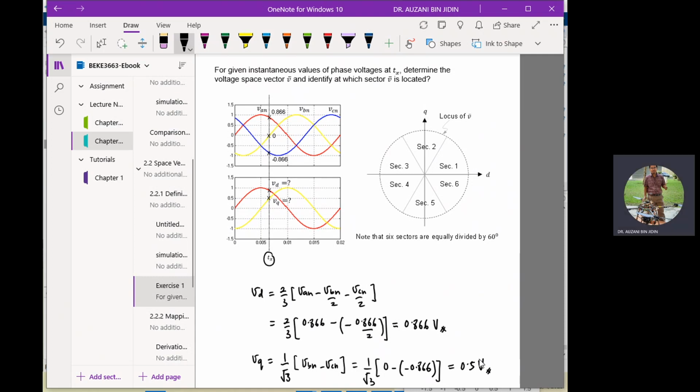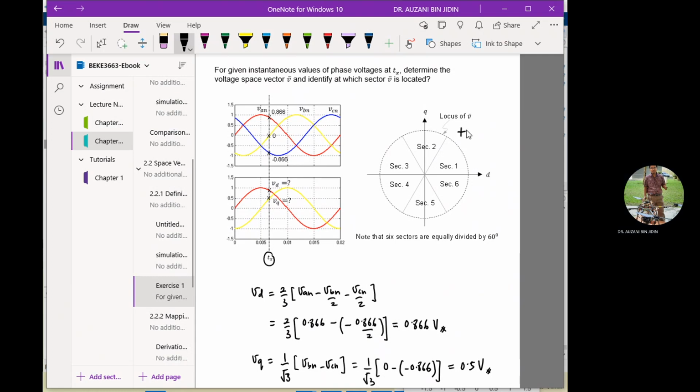Your D is positive, your Q also positive. So you can expect the space vector is located in the first quadrant. You have the DQ plane, you have 4 quadrants. Since D and Q are positive, the space vector is located in quadrant number 1.